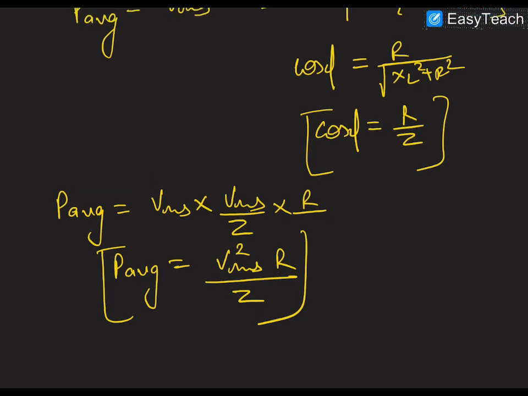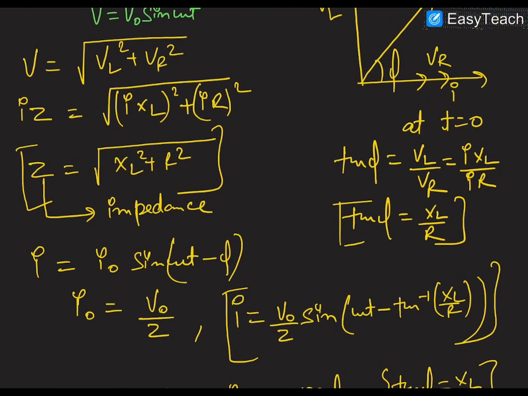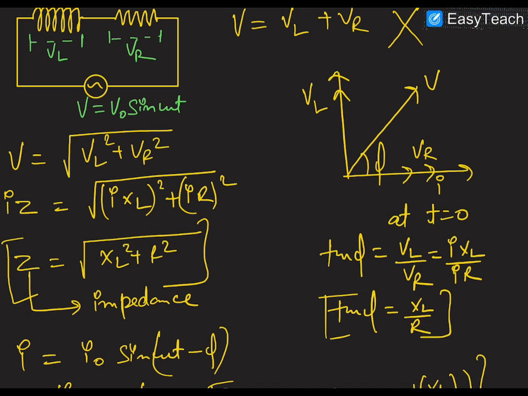It is also very important to note that this phasor diagram indicates that an inductor is present in the circuit, because in this phasor diagram voltage is ahead of current by a phase angle of phi.